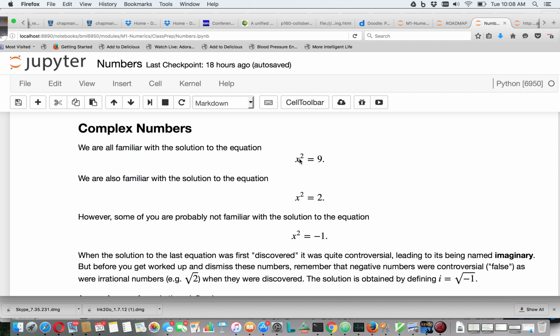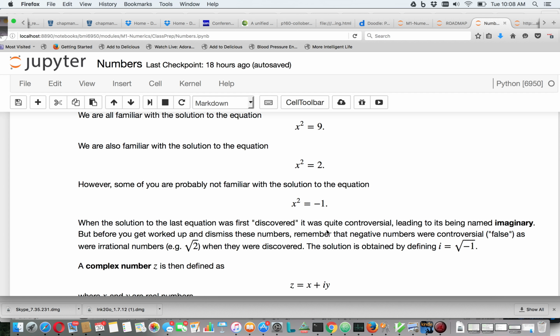So we're familiar with the equation x squared equals 9, and so we would recognize that x is equal to 3 or negative 3. If we square 3 or negative 3, we get the number 9. But what about an equation like x squared equals negative 1? A real number multiplied by itself cannot give us a negative number.